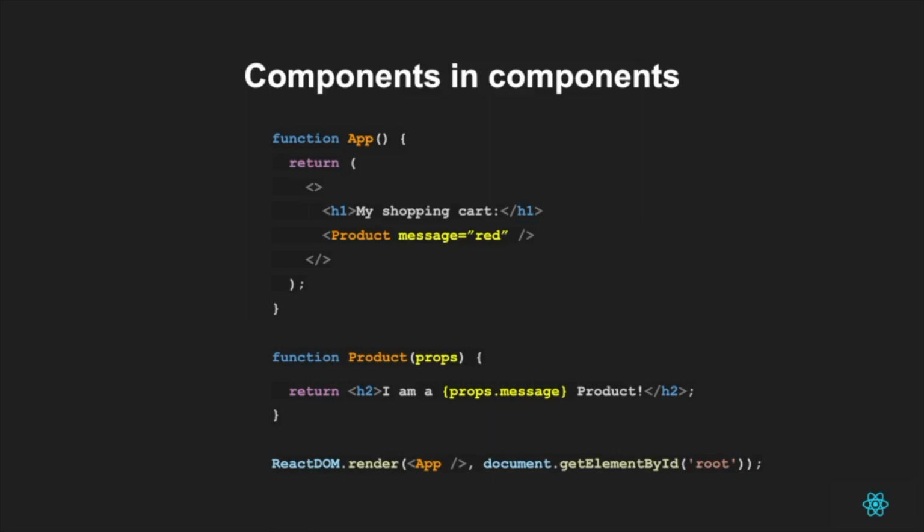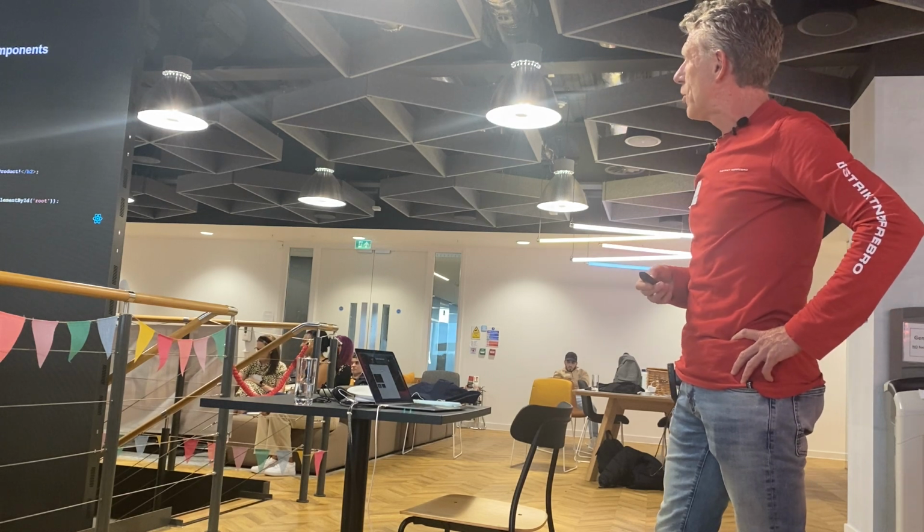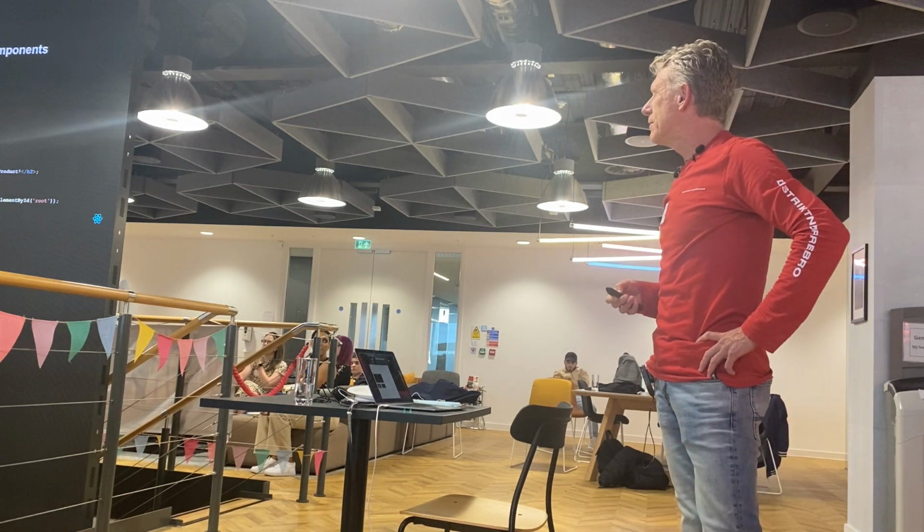Upstairs you see the app component, and it returns the shopping cart with a message. The message comes from the product component, the second component, second function, and it displays the message, I'm a red product, of course.